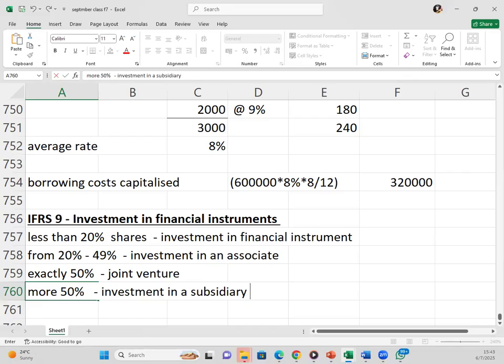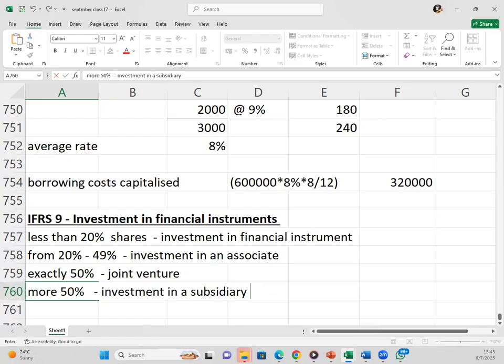So now we are dealing with a standard which tells us how we account for investment in financial instruments. We also talk about IAS 28, which is investment in associates. We'll also talk about investment in a subsidiary, IFRS 10. If it's exactly 50%, you talk about that much more when you're doing SBR. For now, you just need to know that if it's a joint venture, it means we have 50-50.